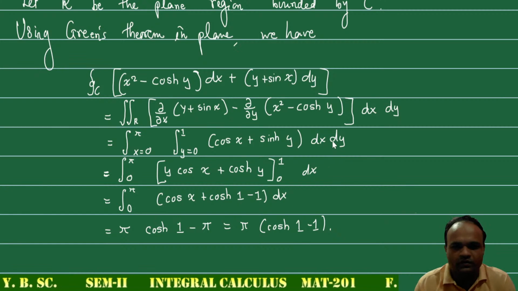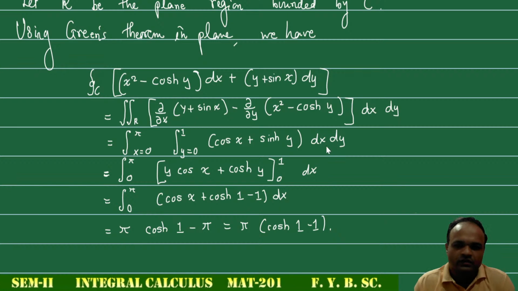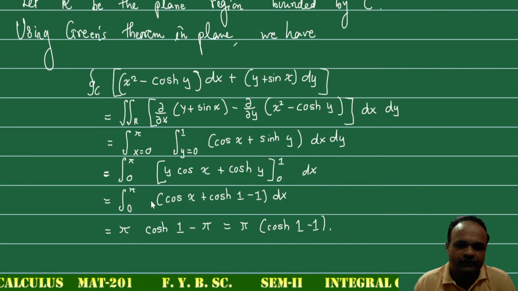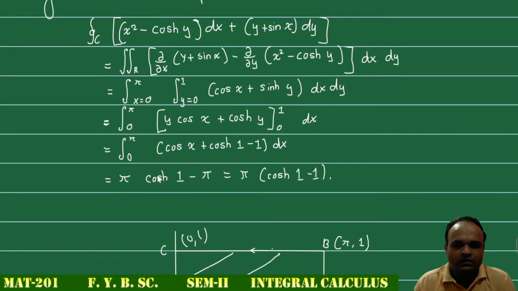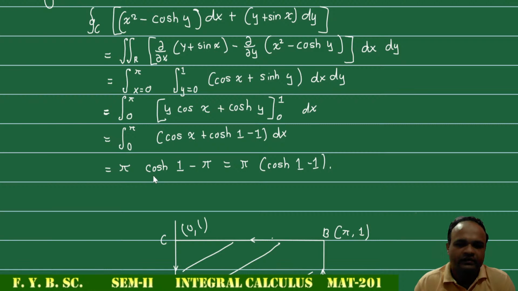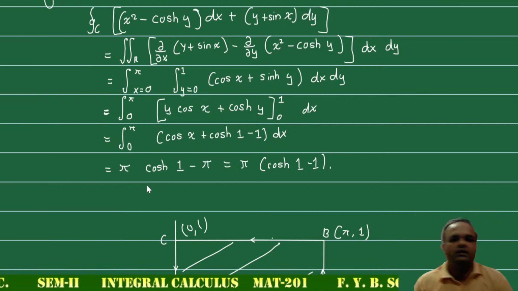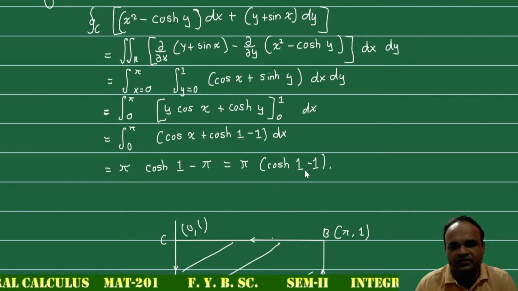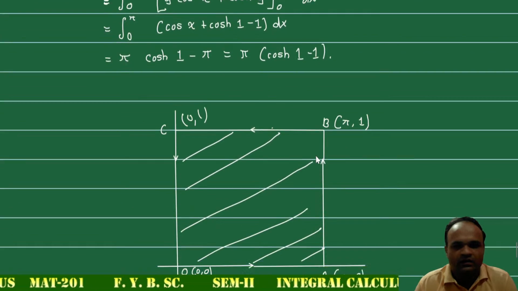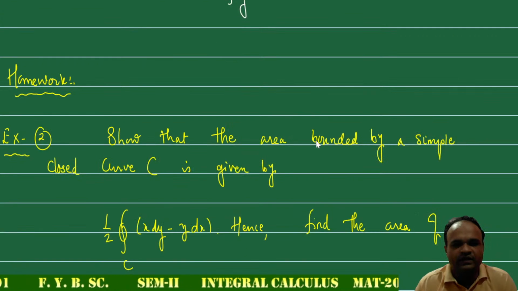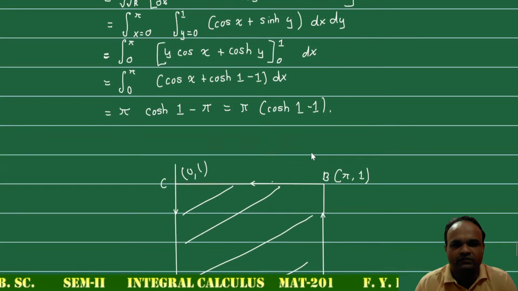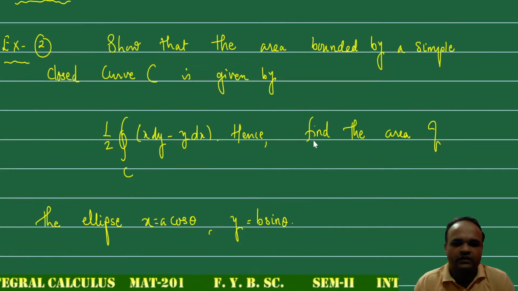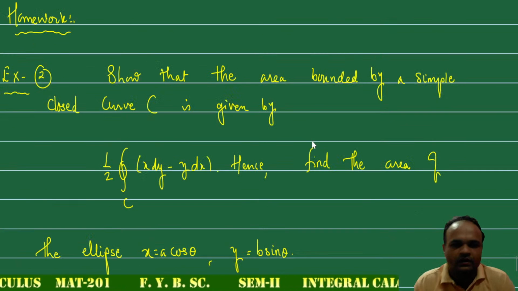So it will be cos x plus sin hy, dx dy. After simplification, you will get the value of this integral as pi cos h1 minus pi, that is pi into (cos h1 minus 1). This will be the resulting value of this integral, and we found this value using Green's theorem.